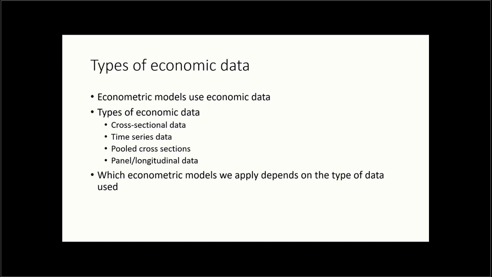Time series data would be usually over time. Pooled cross sections would be over 2 or 3 or more time periods. And then we will talk about panel or longitudinal data where we have both people or units and time.